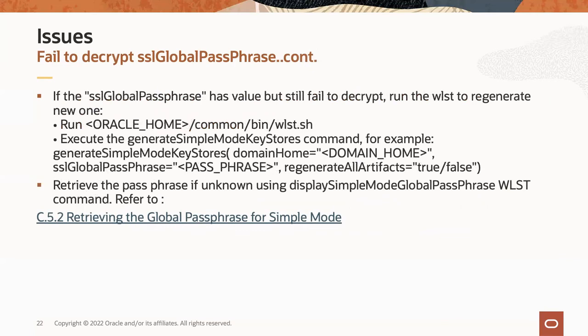If it has the value and still fails to decrypt, you might want to regenerate a new one using the WLSD generate simple mode keystore command. It takes in the SSL global passphrase. If you don't know the passphrase, then you can use the display simple mode global passphrase command to get that passphrase to regenerate the SSL global passphrase.